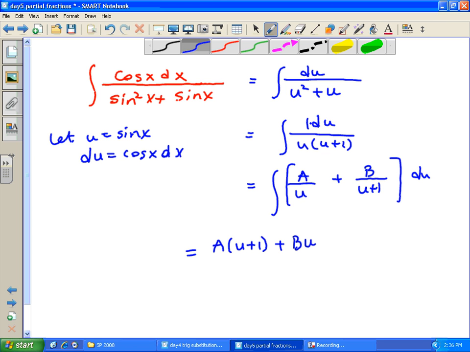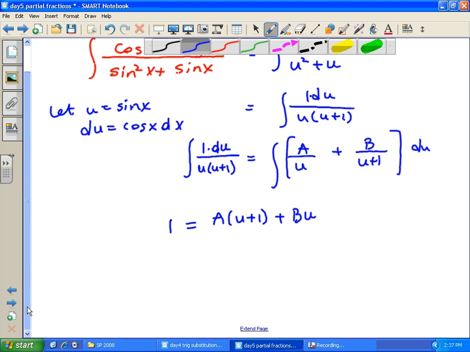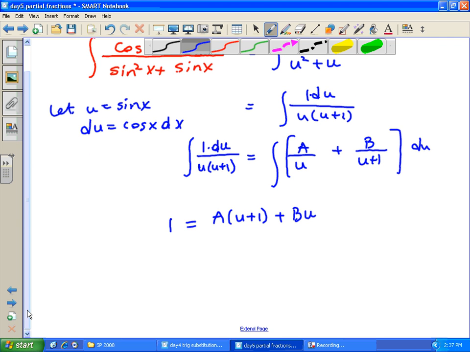So I'm going to set this whole equation equal to just 1. Again, just to illustrate that a little bit better, let me carry it also to the left-hand side here. We have 1 du over u times u plus 1 on the left-hand side. Okay, to determine a and b, again, there is no reason to multiply this out, although we can do that if we wanted to.